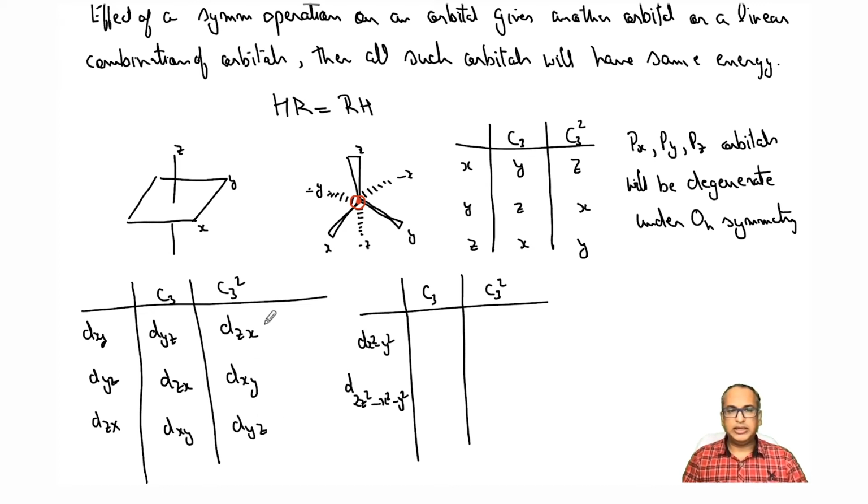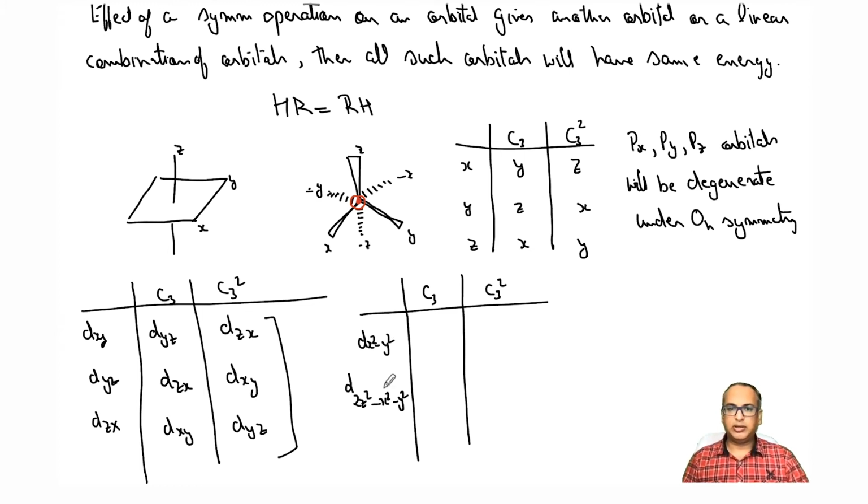So now you can see that these three orbitals are interconvertible by one or two symmetry operations. So this would mean that there is no change in energy between these orbitals. So these three have the same energy and the same symmetry, T2G. We label this set of orbitals as T2G.